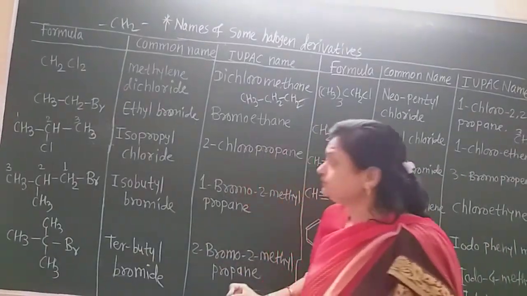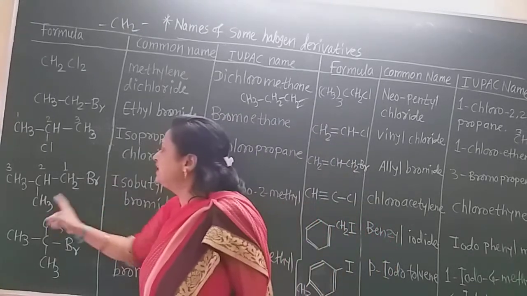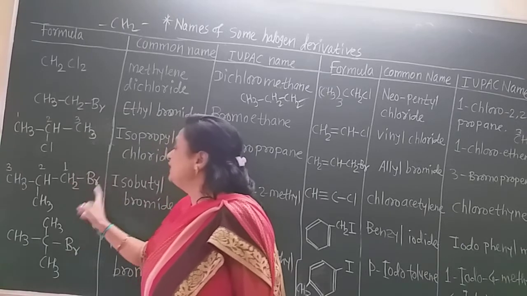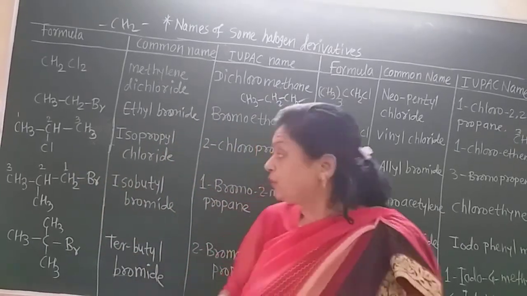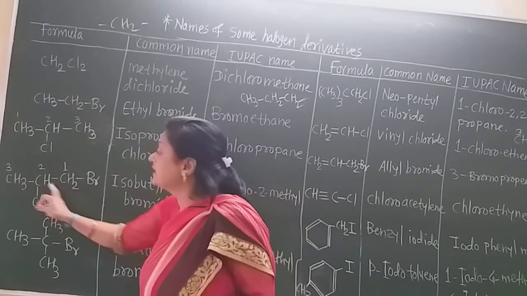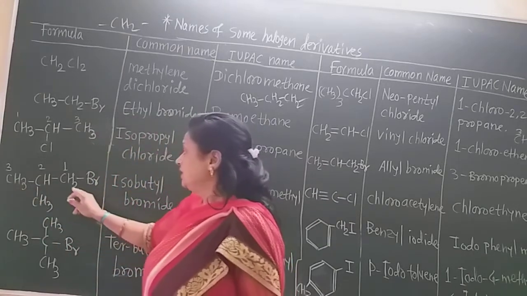Now, next one. See now, here are 2 substituents. One is the methyl and one is the bromine, but we always give the numbering from the side where the halogen atom is nearer and not the alkyl groups. Now in the straight chain there are 3 carbon atoms.